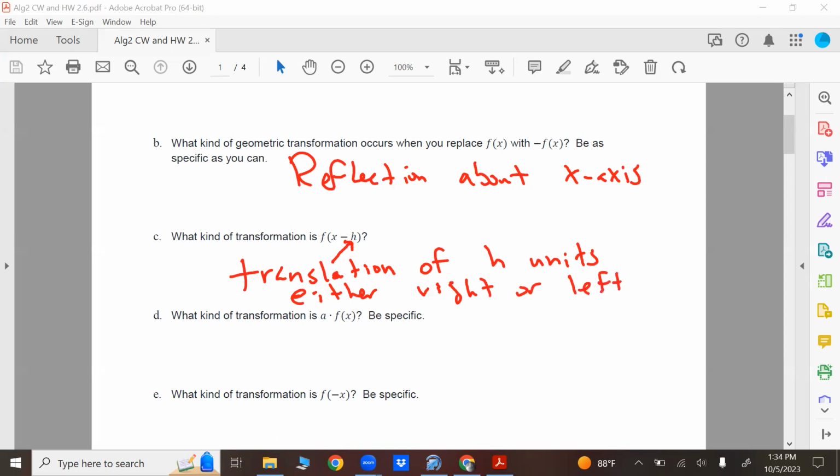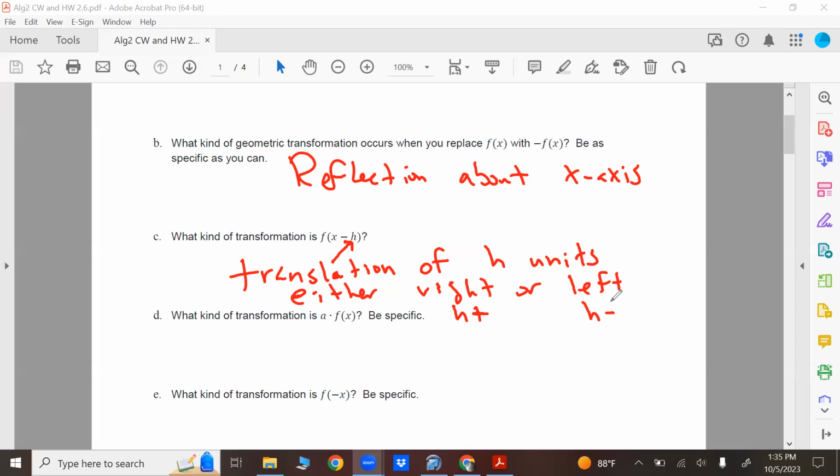If h is positive, you go right. If h is negative, you go left. So depending on what value h holds, like if it's x minus 1, then h is positive 1, then you go 1 right. If it's x plus 1, and h is negative 1, then you go 1 left, correct, sorry. Should be careful my word choice. So that's what that represents.